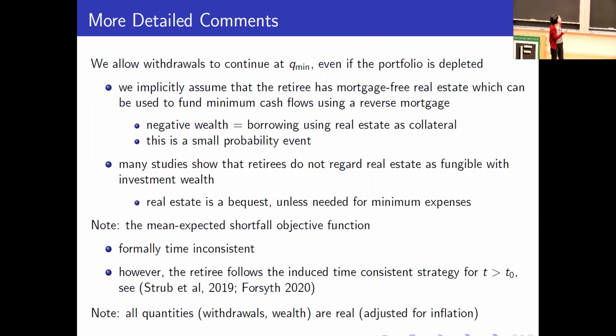Basically, we're assuming that you can do that because very often people have a mortgage on their house. By the time they retire, they have paid off their house, so they have real estate already, and they don't consider the real estate as part of their investment strategy. So in that case, you can think of it as a backup plan.